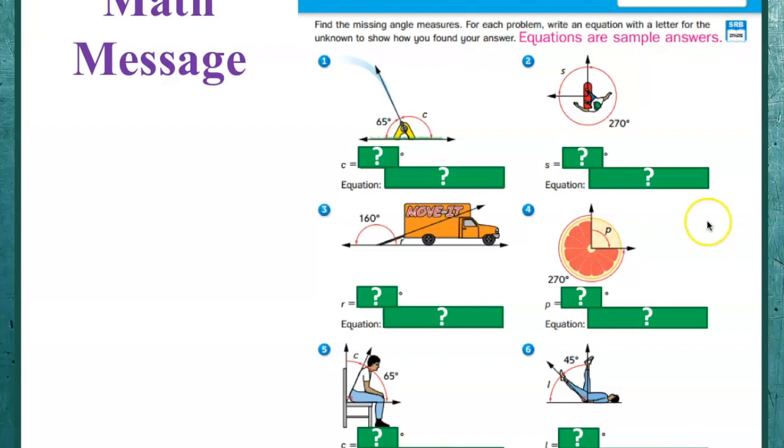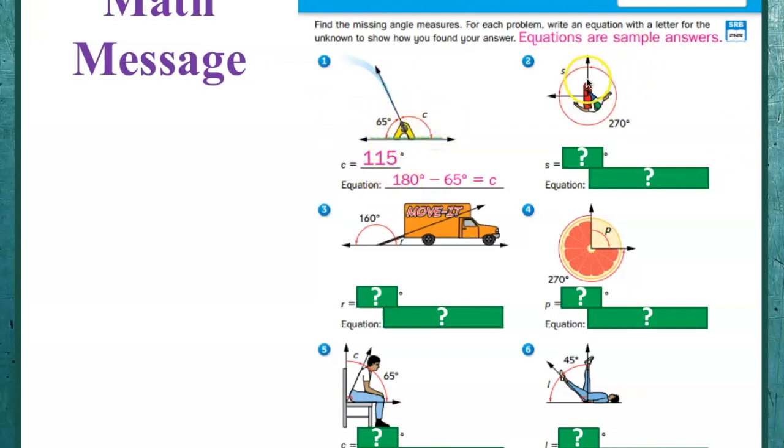Okay, number one, the equation that you should have written to get 115 degrees as your answer would have been 180 degrees minus 65 degrees equals C. And that's because we know this straight line right here is a 180-degree angle. And when we have a 65-degree angle here, we know that this must add up to 180 degrees. So we can subtract to find the unknown.